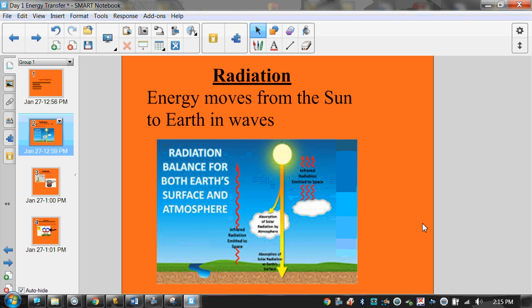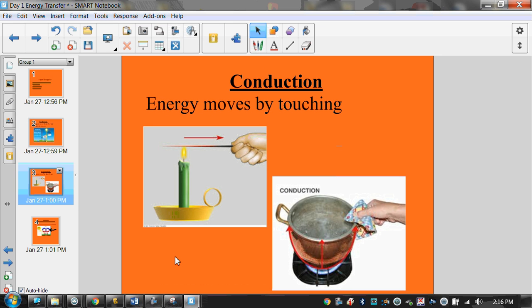Imagine that it's cold outside and the sun is shining on the sidewalk, and you put your hand right above the sidewalk, without actually touching it. You can feel how it's warmer down on the sidewalk where the sun is shining than if you have your hand 5 or 6 feet above that, because the surface has warmed up and it's warmed that air right above it, because the air is touching the sidewalk, and that's conduction. Conduction is how energy moves, by touching.